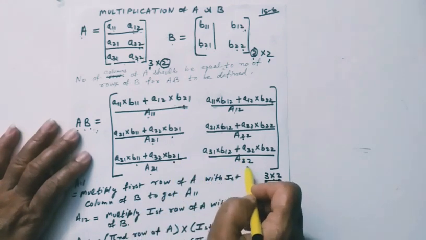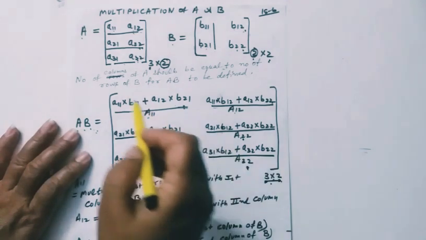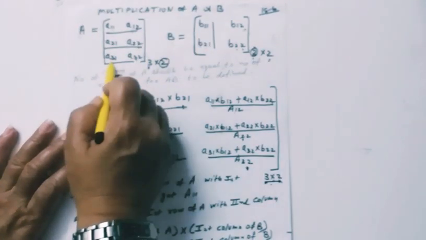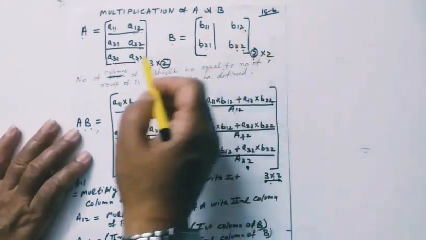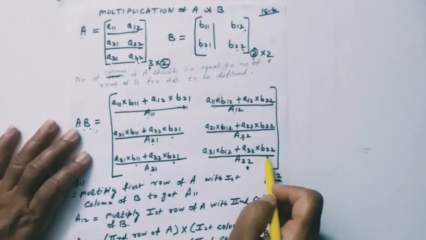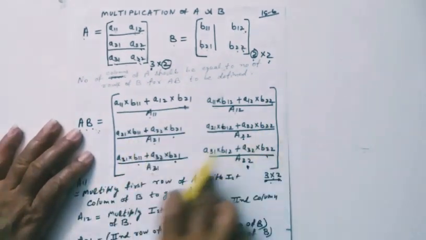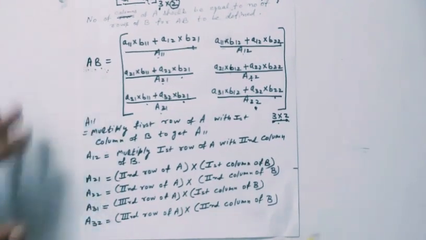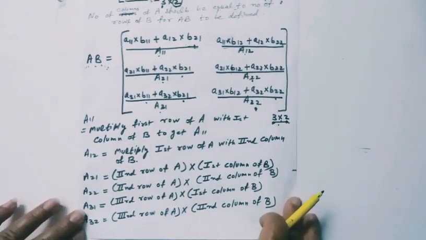Now we move to the last element, that is the second element of the third row. To fill this element, I have to multiply the third row of A with the second column of B. It is A31 into B12 plus A32 into B22. So this is how we are going to get the elements of the product of two matrices A and B.